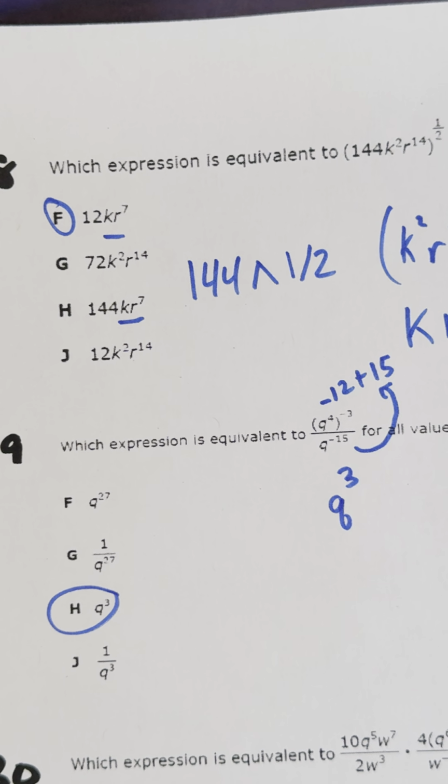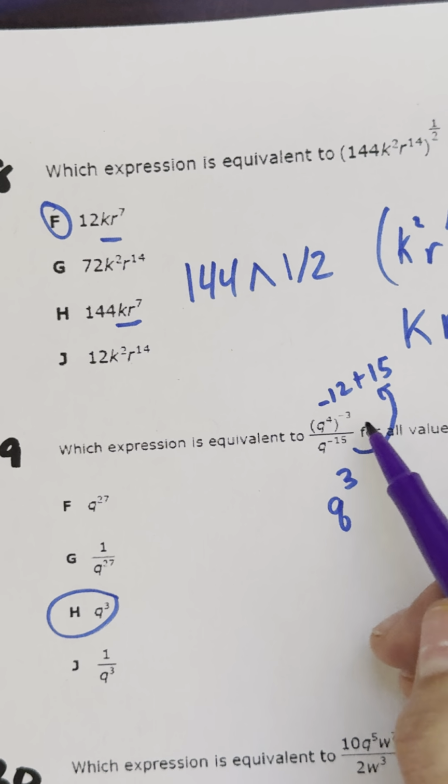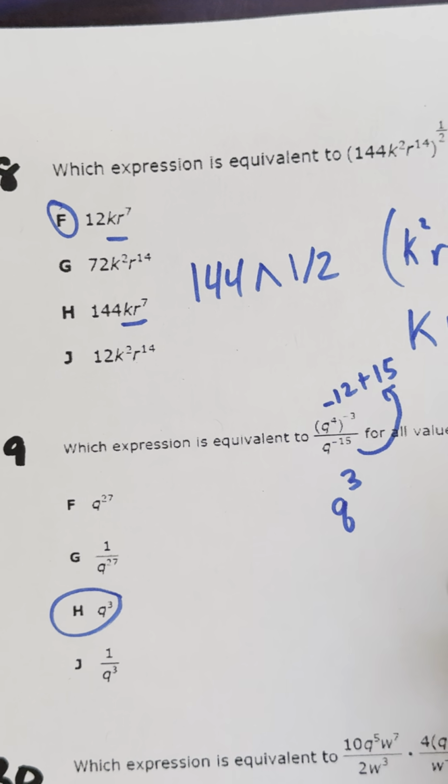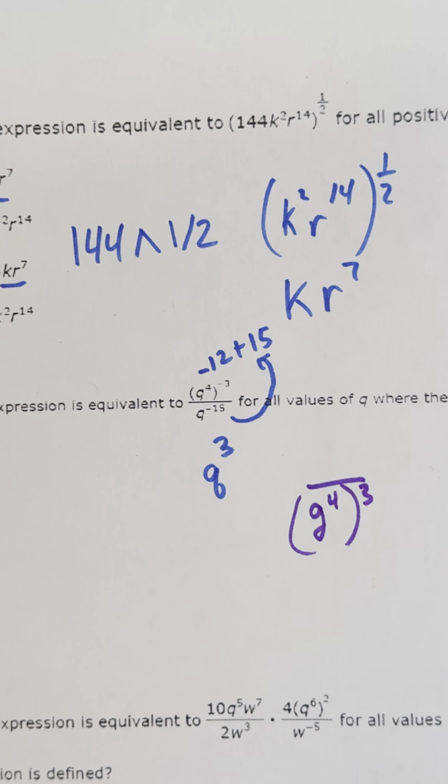That is one way to think about it. Another way to think about it, same problem, is because that outer exponent is negative, you can bring it down. So you can take q to the 4th and raise it to a positive 3 on the bottom.